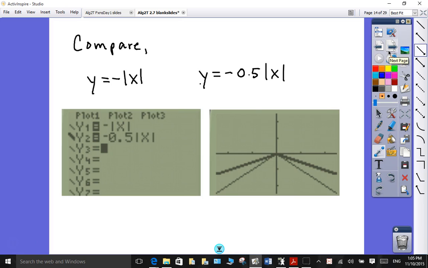Now I'm multiplying by a number which is less than 1. It's actually negative, so I'm comparing the graph of negative absolute value of x, which is this v, to negative 1/2 times the absolute value of x. Here's the v before it was multiplied by negative 1/2, and now notice this line is in between that v and the x-axis. So it's moving away slower.